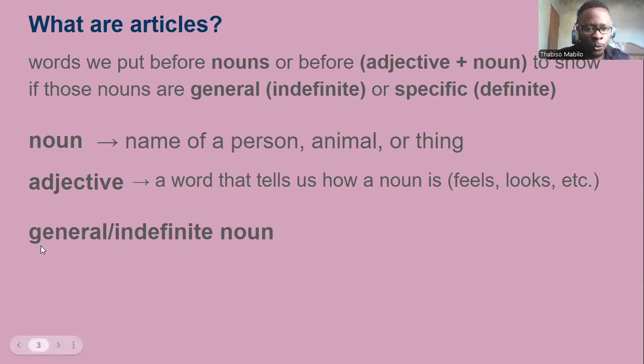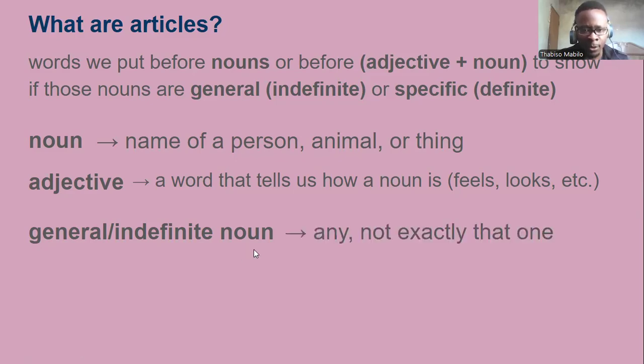Now, we also use the term general or indefinite noun. What do we mean by this? By general or indefinite noun, we are talking about any noun, not exactly that noun, right? Not exactly that one, but it could be any. What do I mean by this?